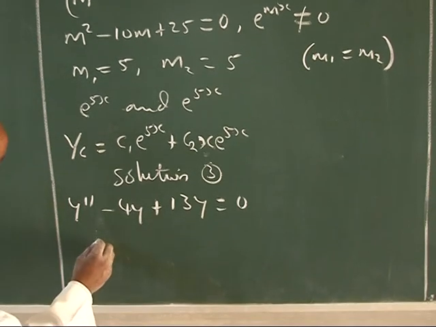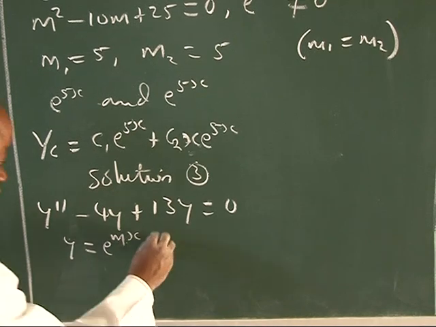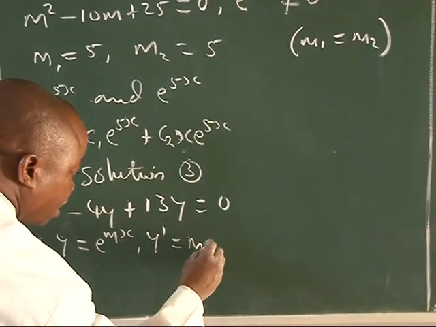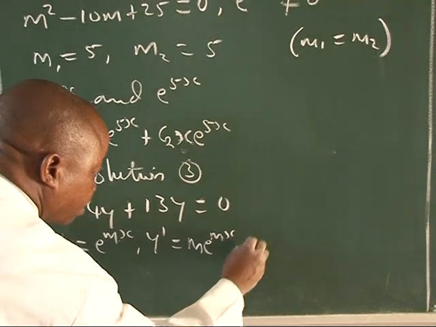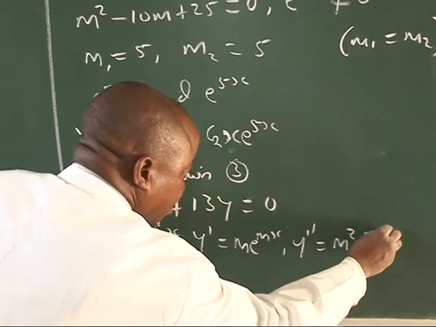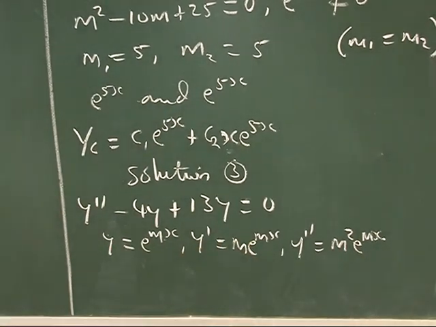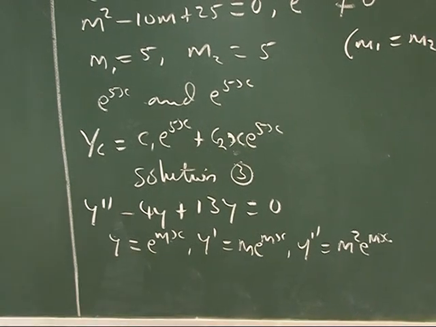So we know that y will be equal to exponential mx, y prime will be m exponential mx, y double prime will be m squared exponential mx, from what we derived that time. This is the solution that I can use.